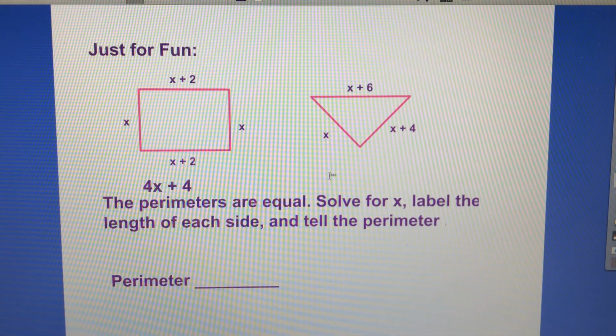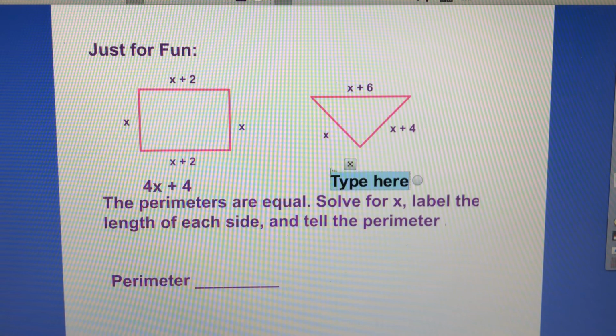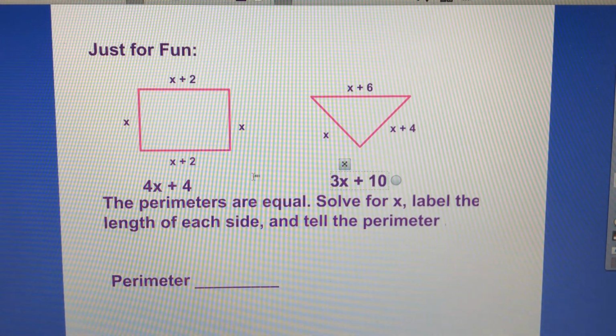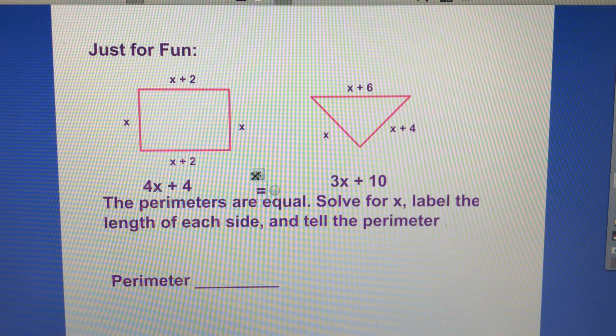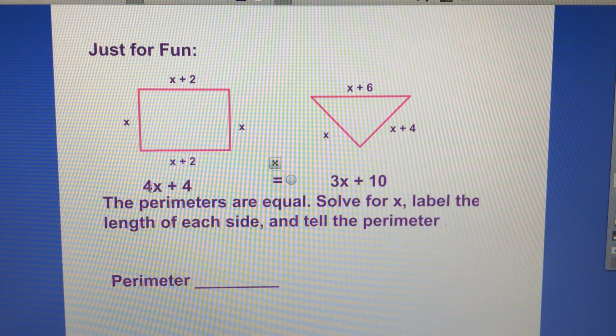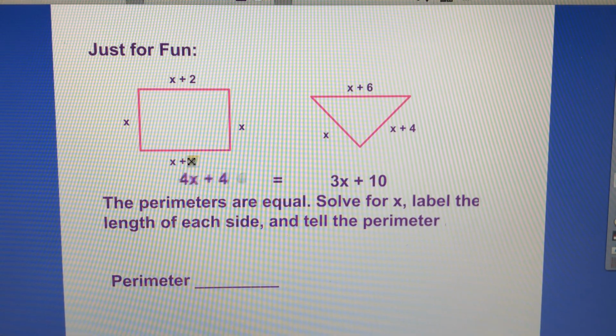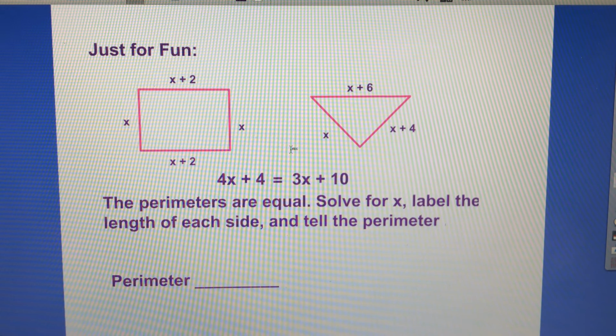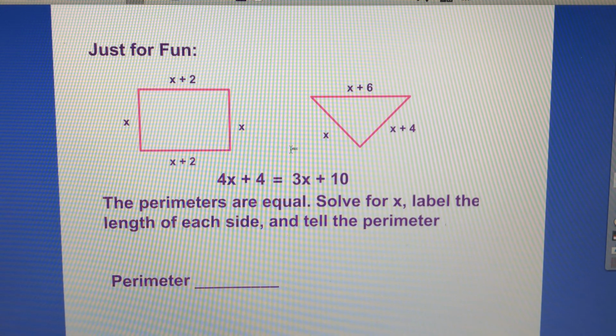What do I have over here? I have x plus 6 plus x plus 4. Over here, I have 3x plus 6 plus 4, 10. Guess what? I told you that these equal each other. So if these equal each other, I have an equation. I take my 2 sides, I have an equation, and I solve for x.